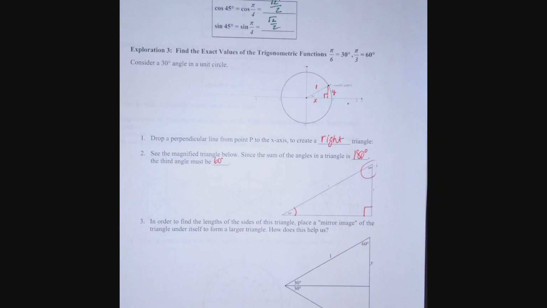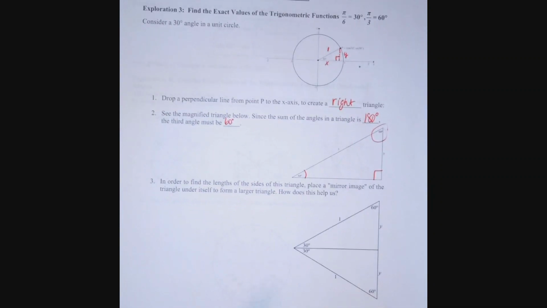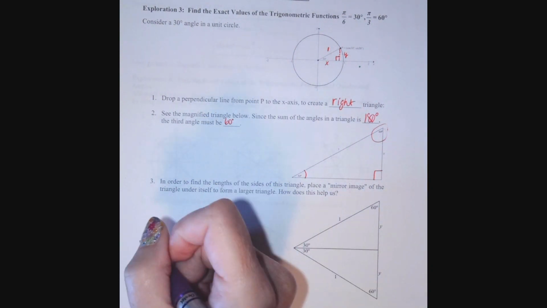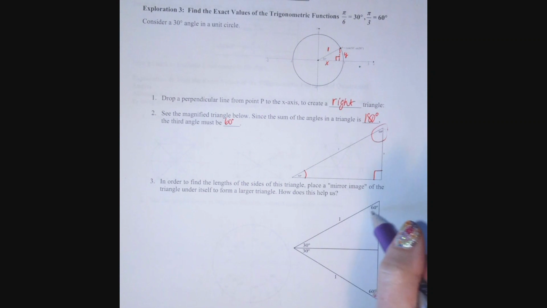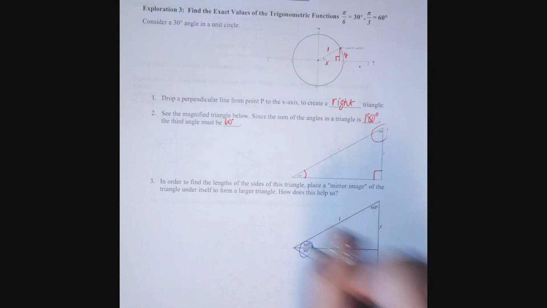Okay, now, in order to find the length of the sides of this triangle, think about a mirror image of the triangle itself to create a larger triangle. Well, this helps us because it creates something that is equiangular. So when we have an equiangular triangle, we've got 60, 60, 60.